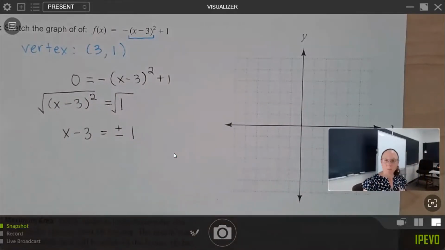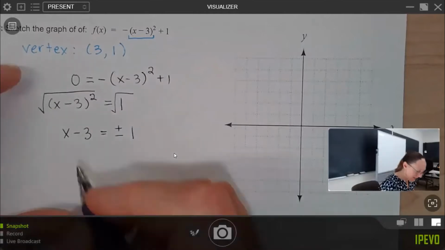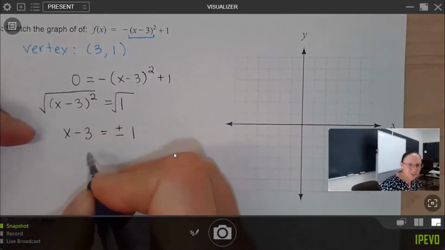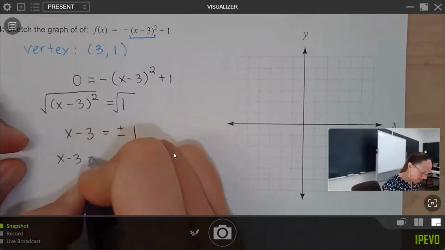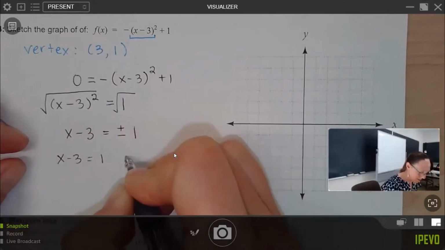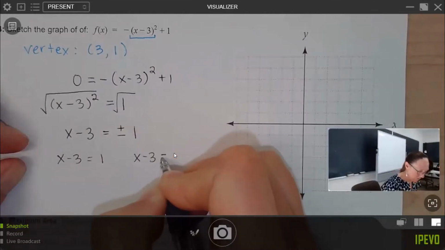Thinking back to our section on solving equations with radicals, this is like squaring both sides, but instead I'm raising both sides to the 1/2 power, or taking the square root of both sides. I think it's easier to write this out as two separate equations: x minus 3 is equal to positive 1 and x minus 3 is equal to negative 1.